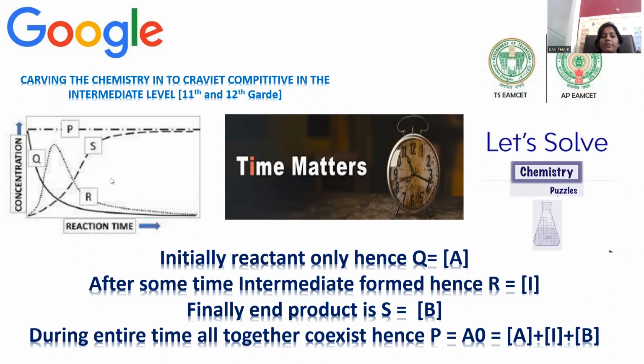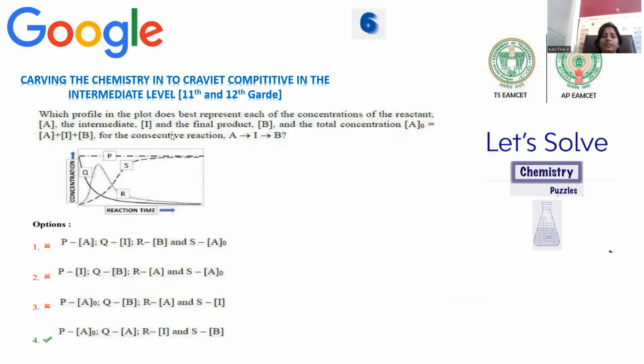During the entire time period, A, I, and B coexist, and these concentrations are mentioned with A naught. So that is P. This is the way we can mention it, and the entire representation is clearly given in option number 4. For question number 6, option number 4 is the correct answer.